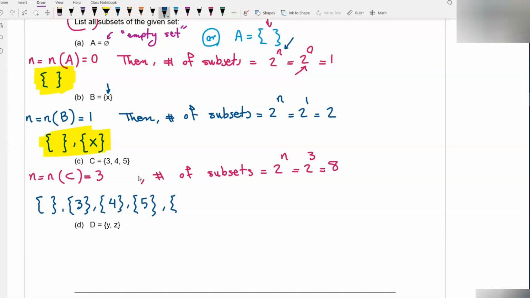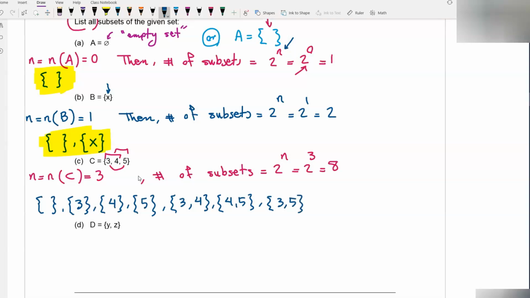After you did that part, then writing pairs. So 3, 4, 4, 5, 5, 3. But we're not going to repeat. So do not repeat. We have 2 of these members inside one set. 3, 4, 4, 5. We have 3, 5.